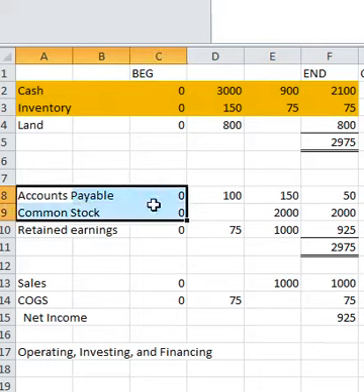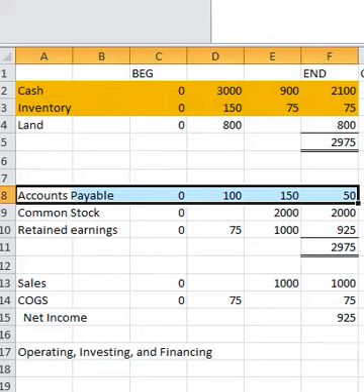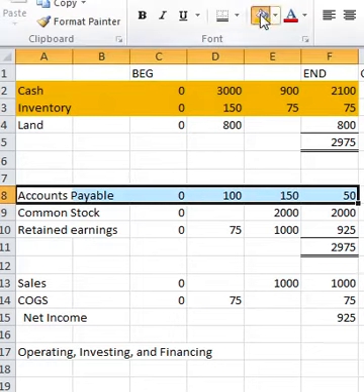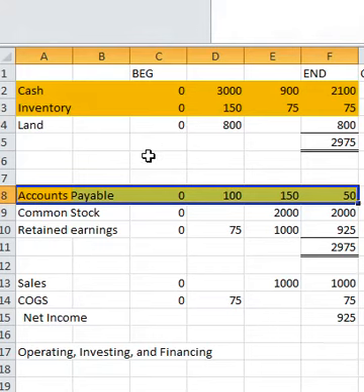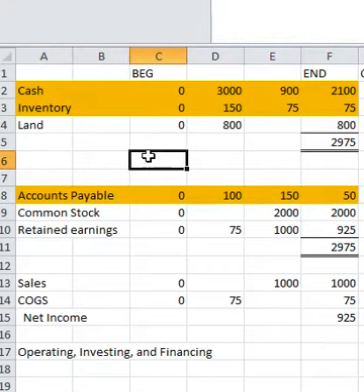And down here in our liability section, we have accounts payable, which is a current liability. Those are operating accounts, accounts associated with the day-to-day operations of our business. The cash, the inventory, receivables, any prepaid, any current asset or current liability would be an account that deals with our operations.